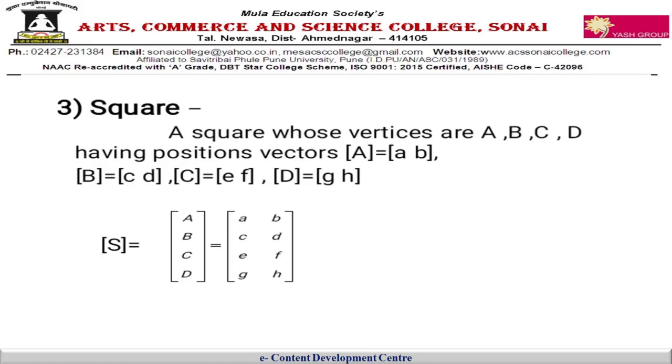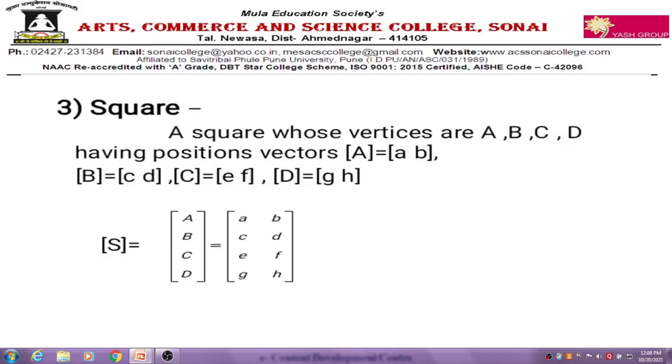The next object is a square whose vertices are A, B, C and D, having position vectors A = [a b], B = [c d], C = [e f], and the last vertex D = [g h].